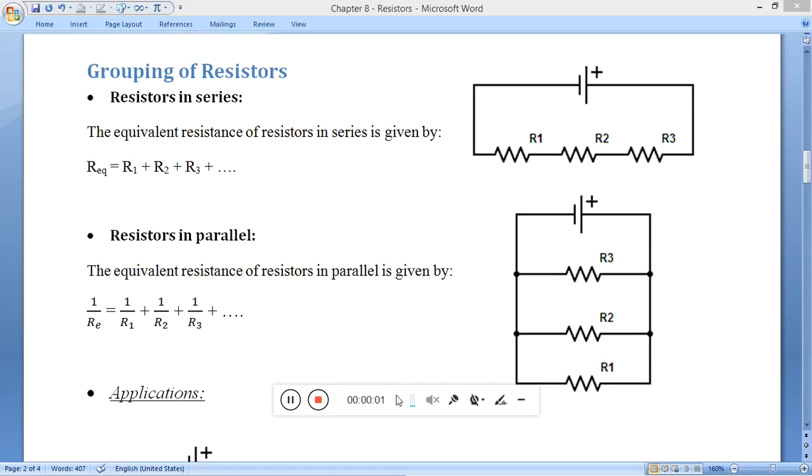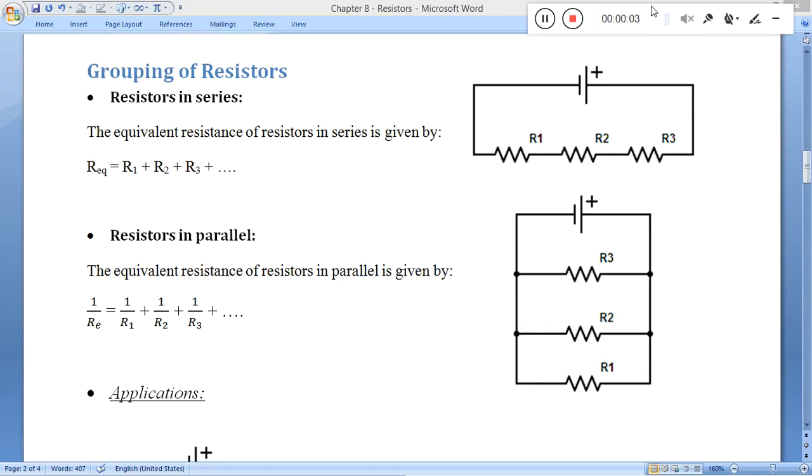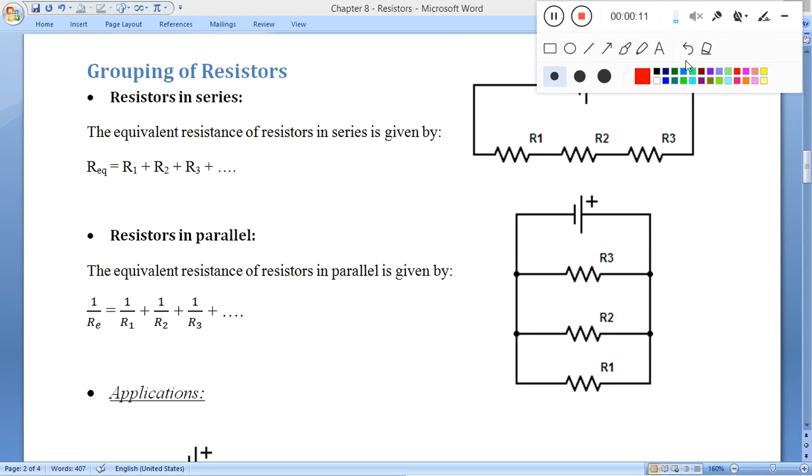Hello all. The second part of the resistors is the grouping of resistors. Grouping means if we have more than one resistor, we can group these three resistors, let's say, into just one resistor that's equivalent to them.